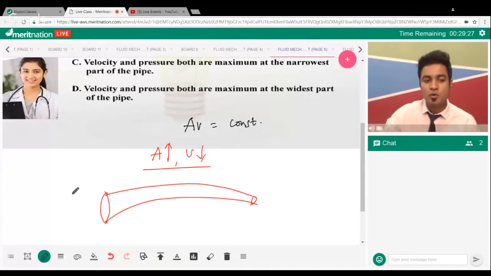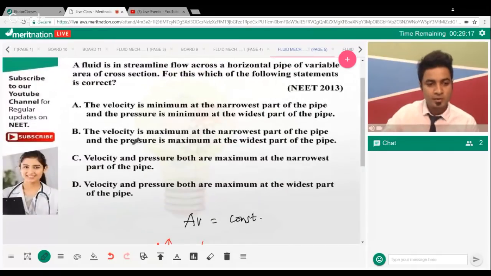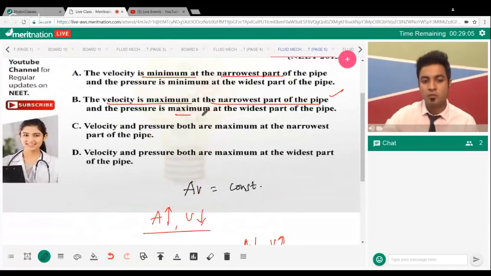So wherever the area is more, the velocity has to be less, and wherever the area is less, the velocity has to be more, right? So this cannot be correct, it says minimum at the narrowest. The velocity is maximum at the narrowest part of the pipe. That is correct, the first statement. And the pressure is maximum at the widest part of the pipe.